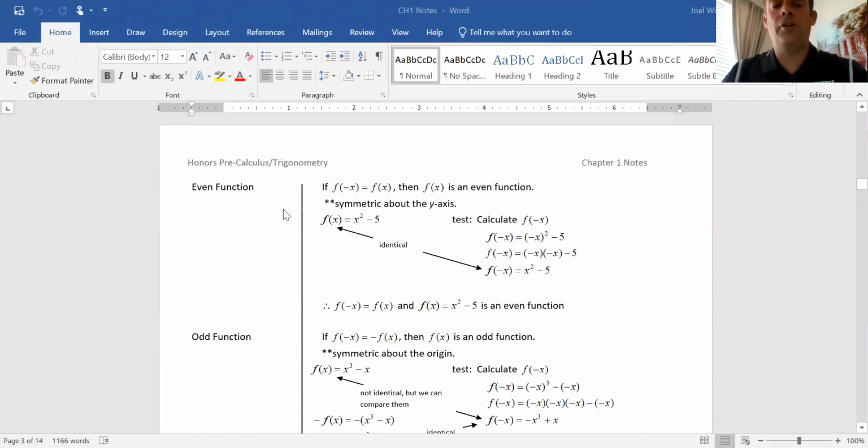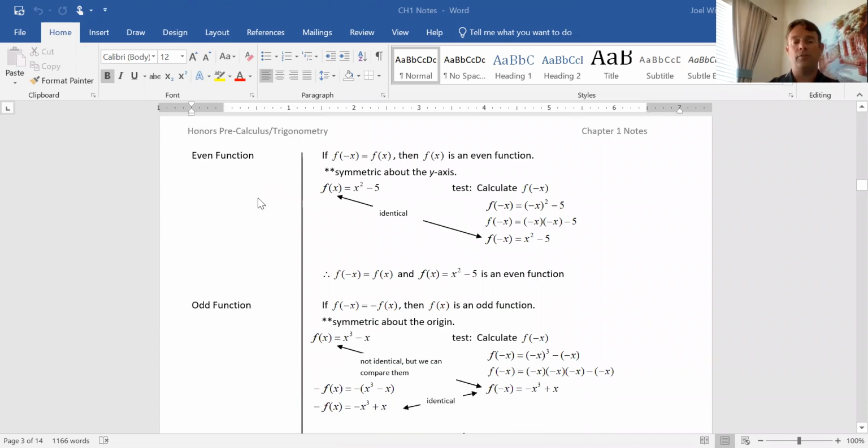The next part is what we call an even function and an odd function. Now, notice what happens here on an even function. Let's see if I can highlight a little bit. Even function says if I change every x to negative x, they end up being the same thing. If that happens, it's even.